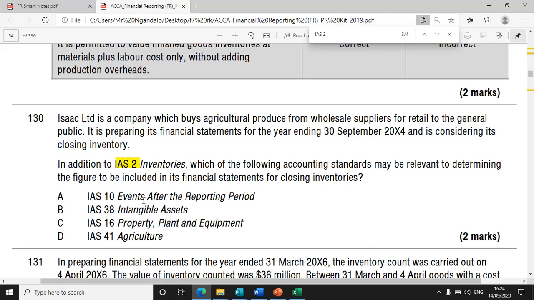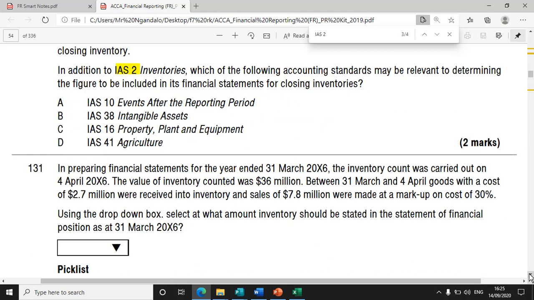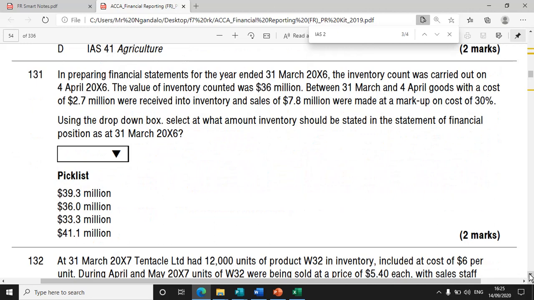So I think the only option that makes sense now is A, which is events after the reporting period. And the question is why. If inventory loses value, then the standard requires us to make adjustments, IAS 10. Let us not forget that.